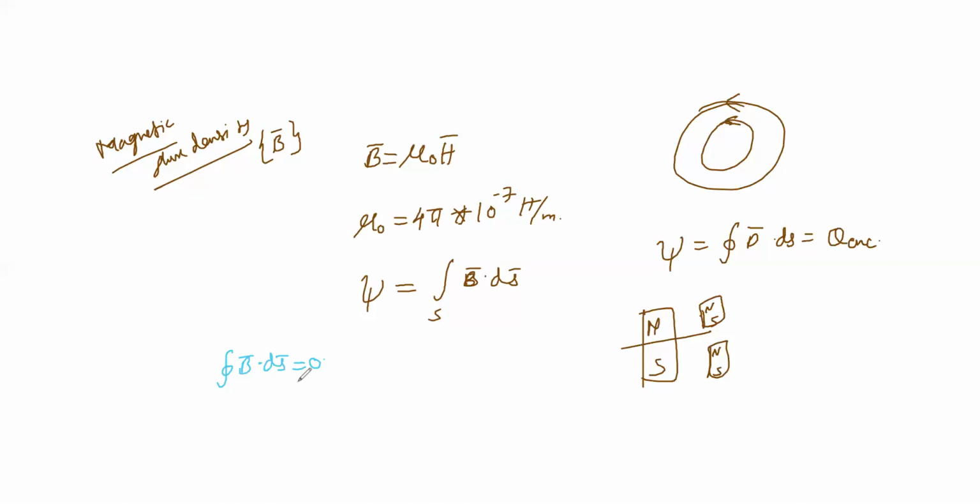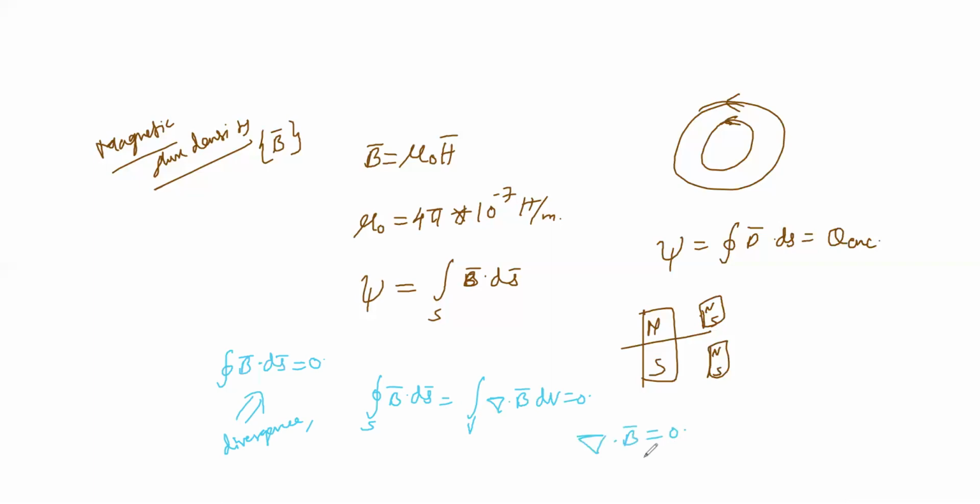If we apply the divergence theorem to this equation, closed surface integral B bar ds equals volume integral del dot B bar dv equal to 0, and overall we get the equation del dot B bar equal to 0.